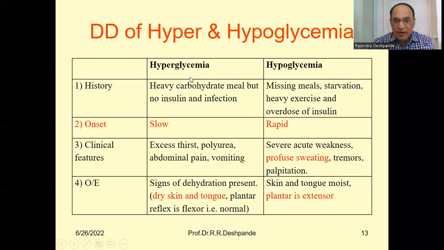The patient of hyperglycemia has excessive thirst for the last 8 days, polyuria, repeated going to the toilet, abdominal pain, vomiting. But in hypoglycemia, there will be profuse sweating. Don't forget, profuse sweating, like a heart attack. There are only these two things in our day-to-day life where you should take immediate action. Call an ambulance, 108. Do some first aid, call doctors.